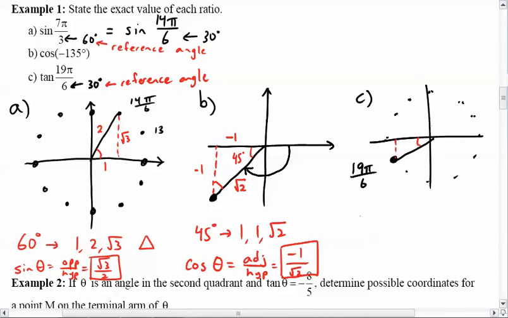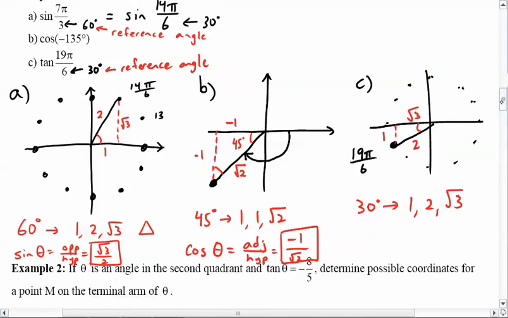And I know that if I have a 30-degree reference angle, I'm looking at my 1, 2, root 3 triangle. 1 is the shortest side, 2 is the hypotenuse, root 3 is the longer of the two legs. I put in my negative signs where I need to. And tangent is opposite over adjacent, or 1 over root 3.